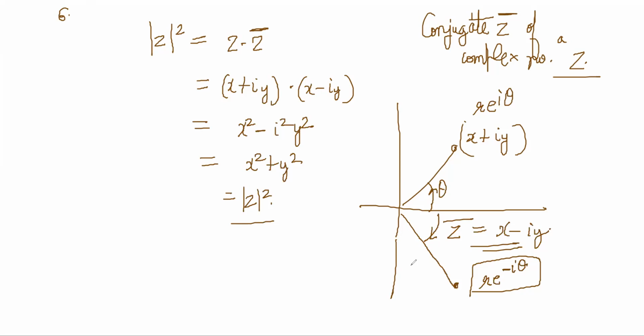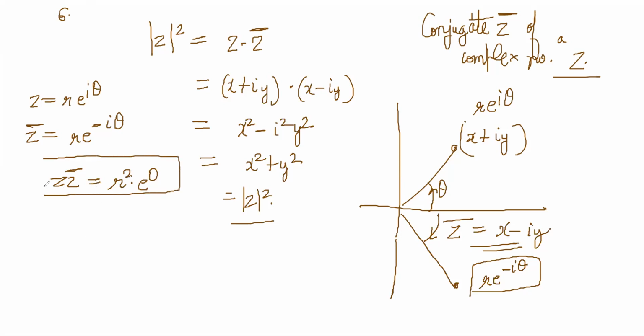So z is equal to r e to the i theta, and z conjugate is equal to r e to the minus i theta. So z into z conjugate is clearly r square into e to the power 0, which is mod z square.